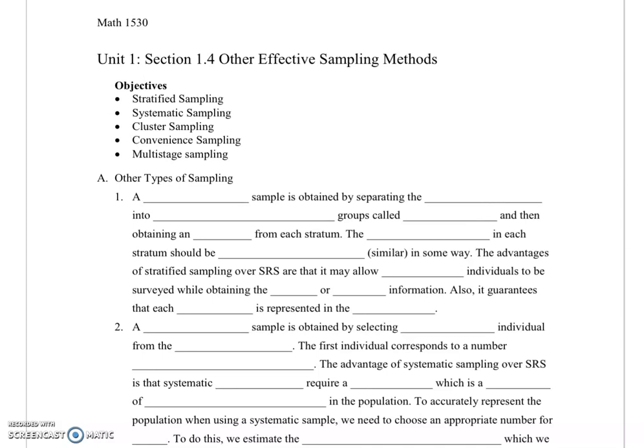So the first type of method we're going to discuss is called stratified sampling. So a stratified sample is obtained by separating the population into non-overlapping groups that we call strata.